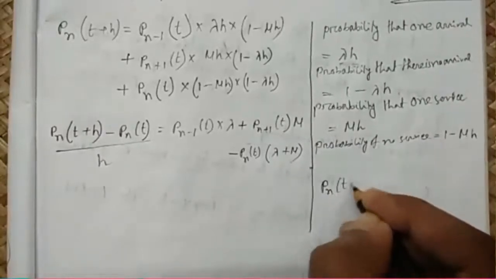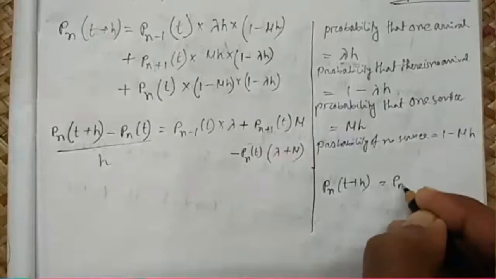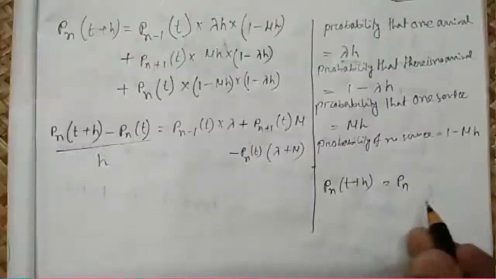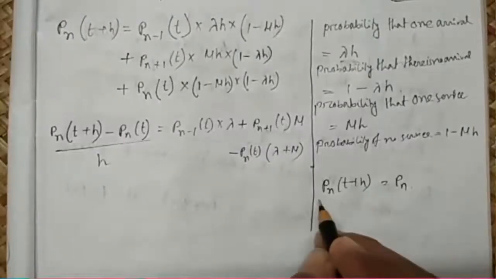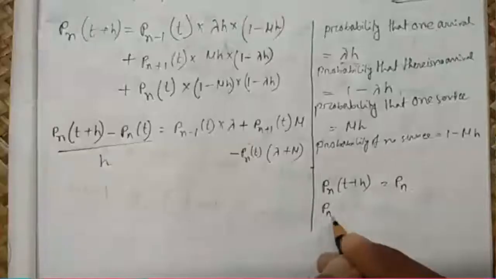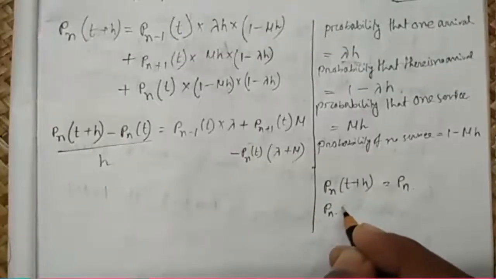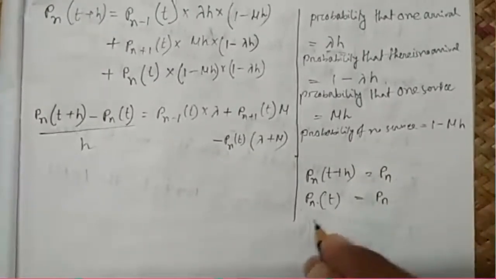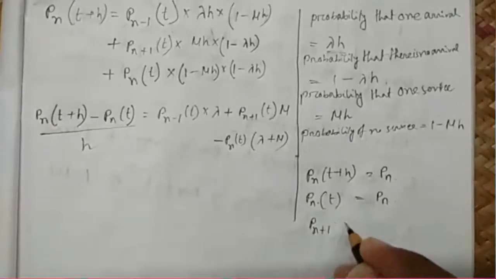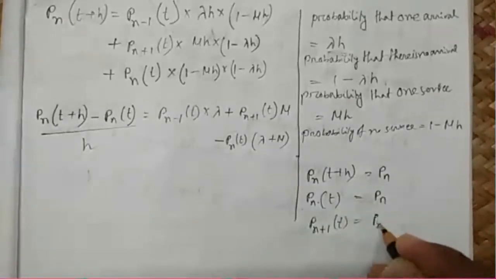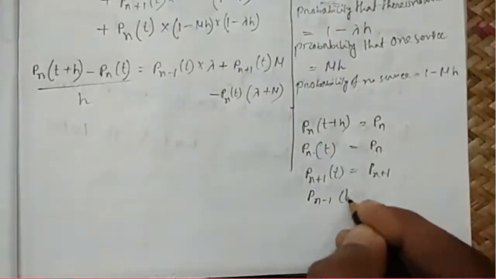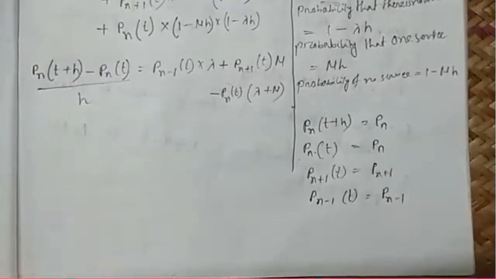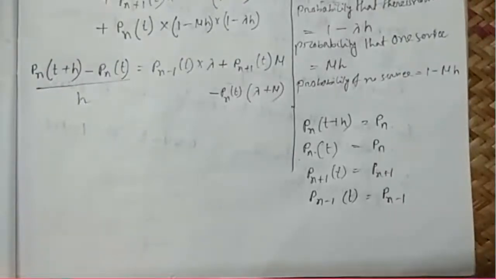Pn at time t plus h becomes Pn because it becomes time independent. Whatever the time is, the probability won't change. And Pn at time t will also be Pn. Pn plus 1 at time t will become Pn plus 1, and Pn minus 1 at time t will be denoted as Pn minus 1, because the whole properties are independent of time.